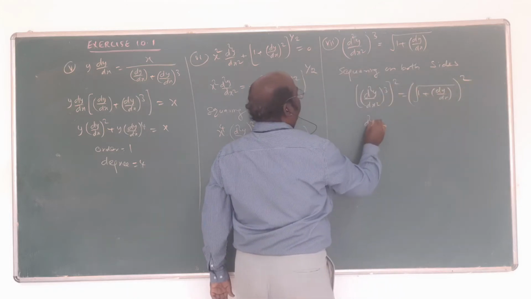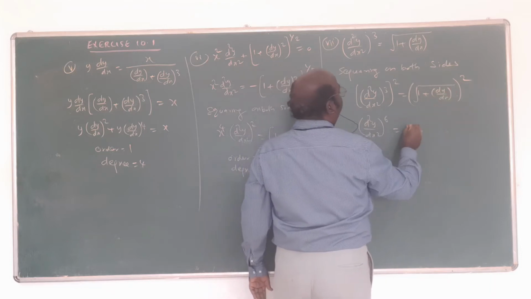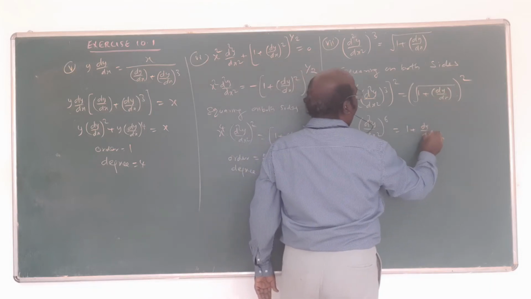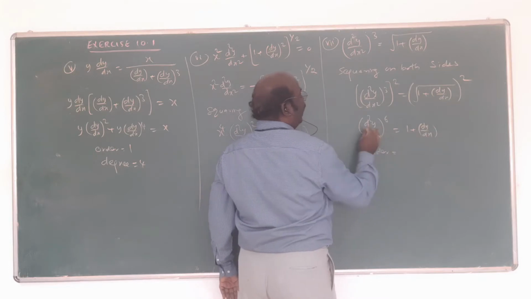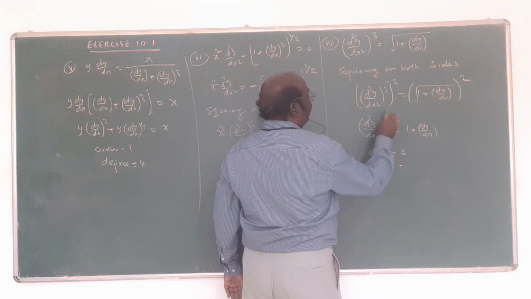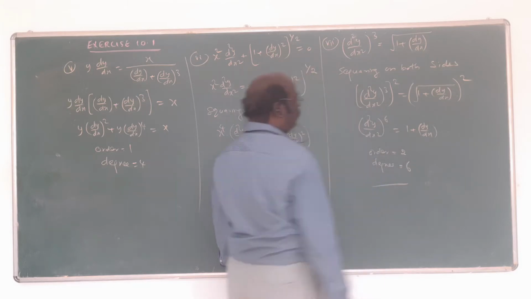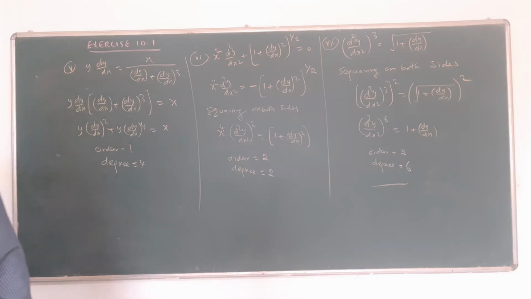Here the power will be multiplied, 6. Am I right? Here the root will be cancelled: 1 plus dy by dx. Now what is what? The order is second order, 2. The degree is what? Whole power 6, 6 times. 3 more problems there, 2 more questions or 1 more question. Very simple concept. We will find the order and degree.